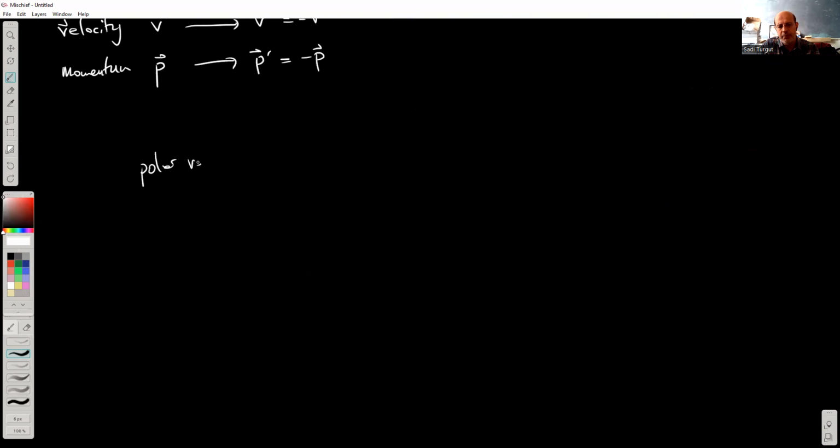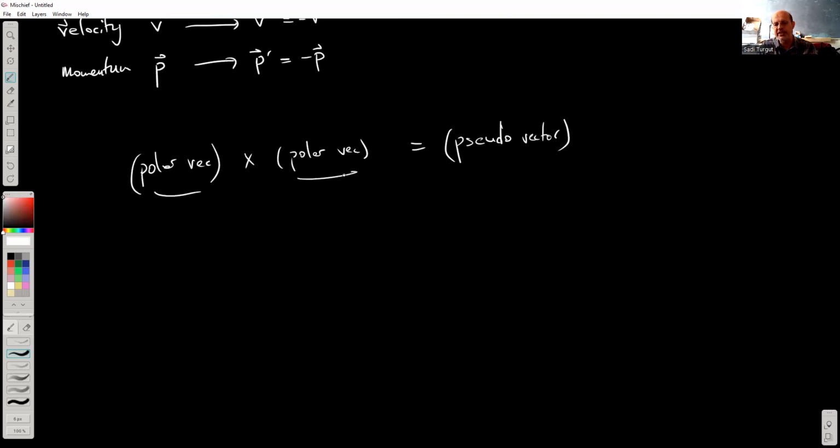The cross product of a polar vector with a polar vector, two ordinary vectors, is a pseudovector. Because under inversion, these two change sign, their product does not change sign, so therefore the result should be a pseudovector.